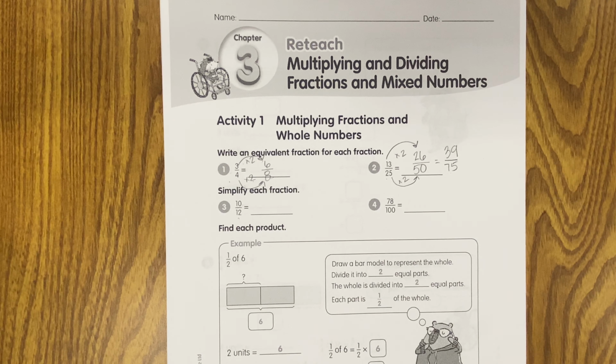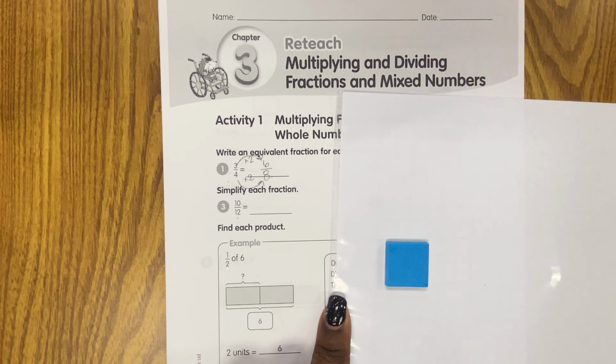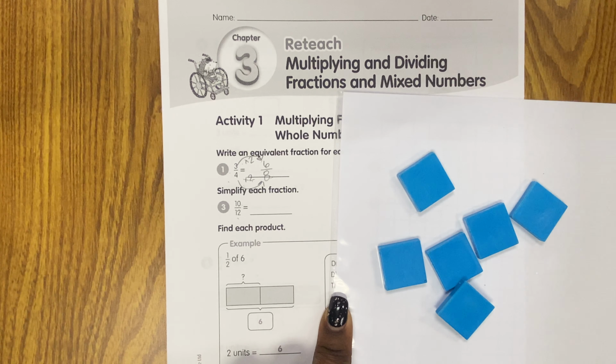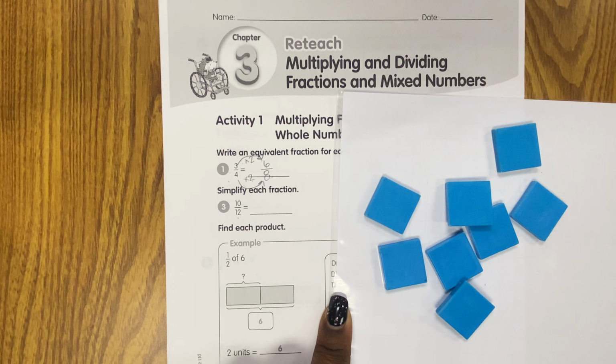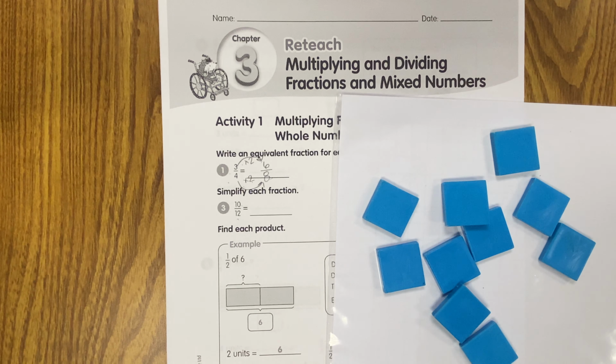So I'm going to erase my board from previously, and I'm going to bring in 12 pieces. So 1, 2, 3, 4, 5, 6, 7, 8, 9, 10, 11, and 12.